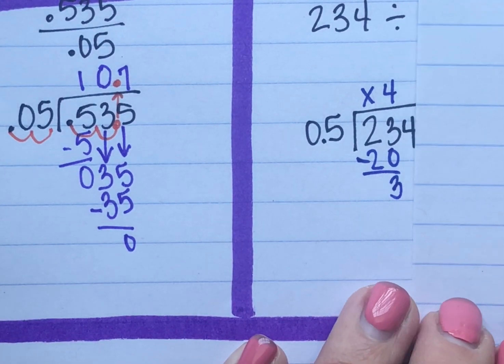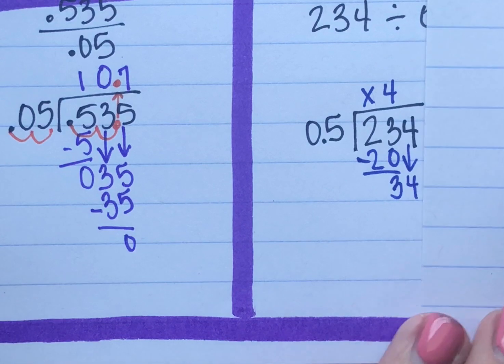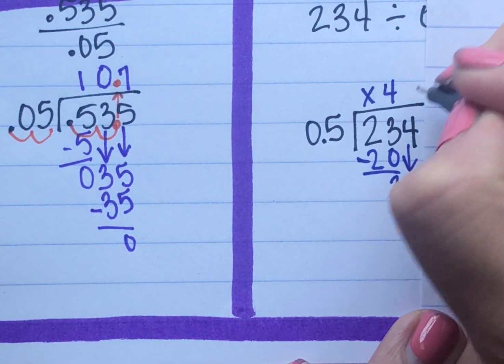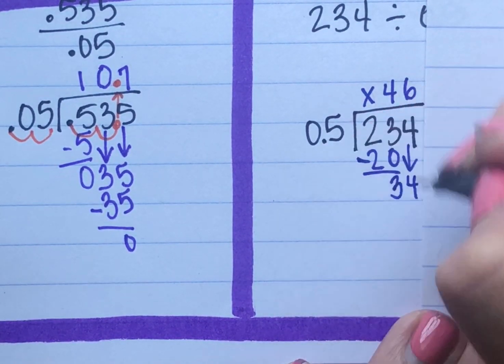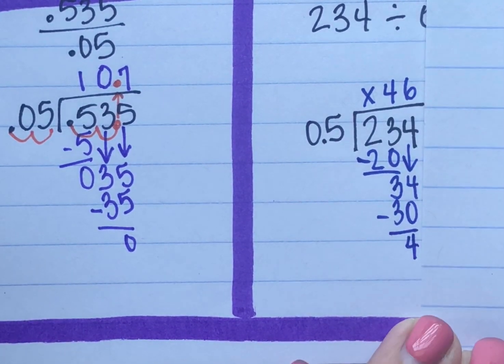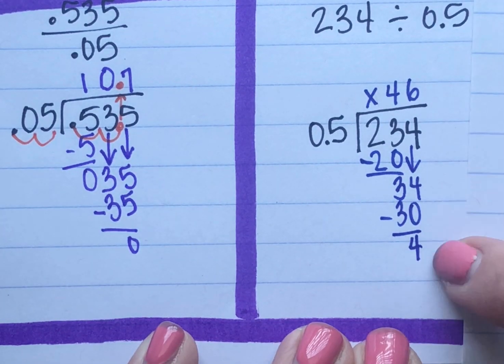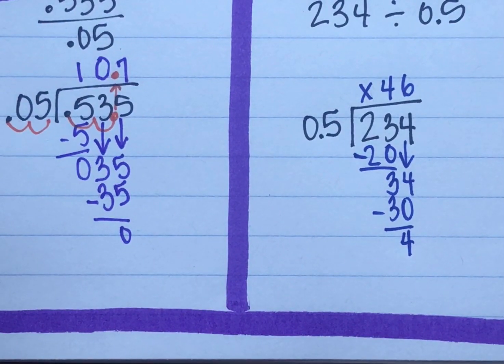Okay, still not done. Bring down the 4. 5 goes into 34 6 times. 6 times 5 is 30. And I have 4 left over. In this case, when I slide over, notice there's nothing here. So this is why we put this example here for you.